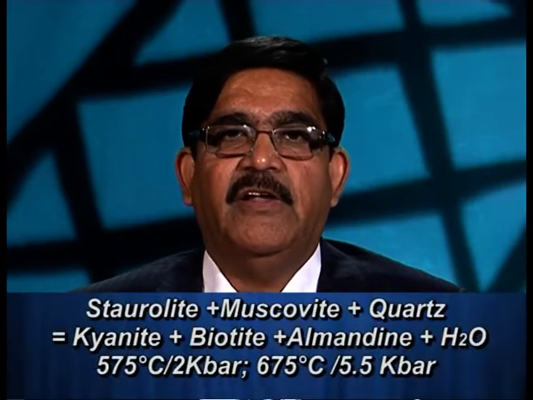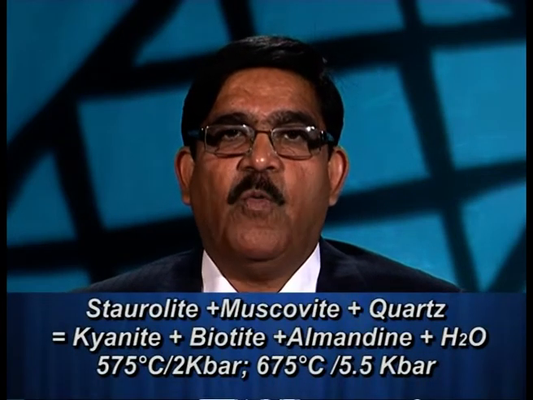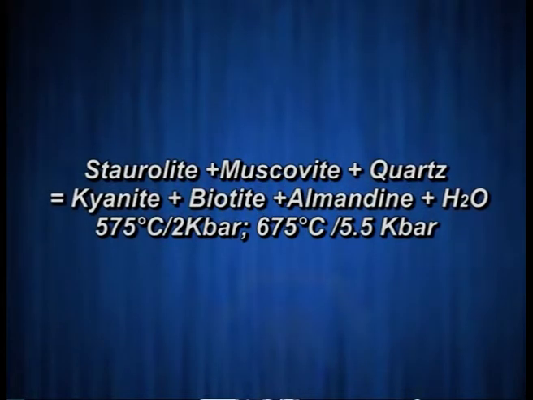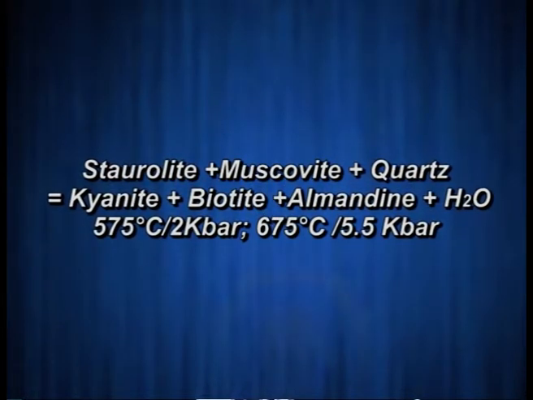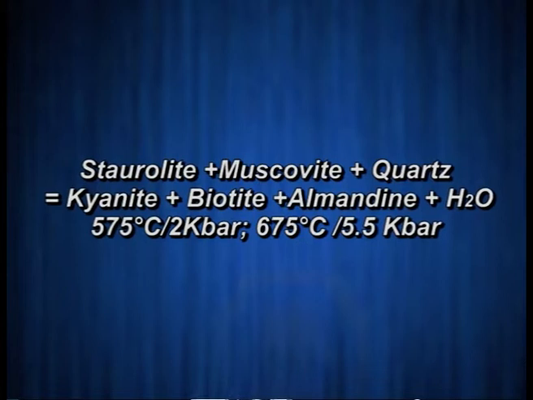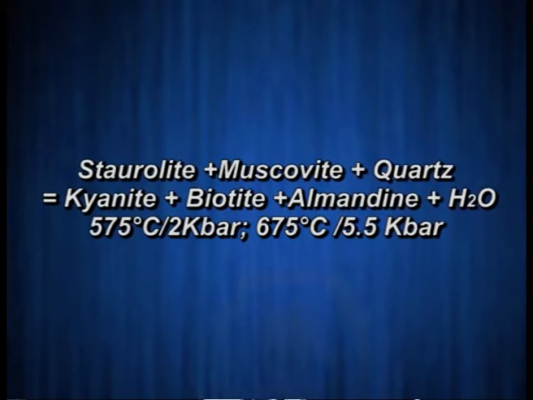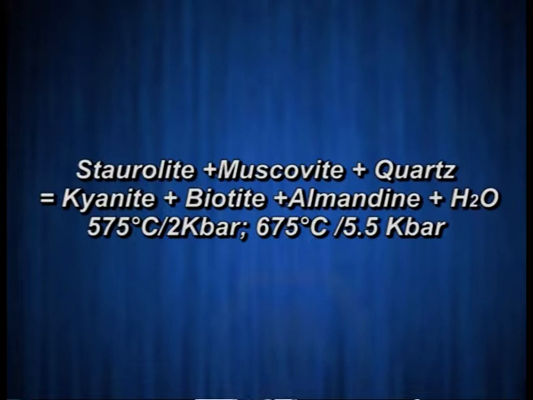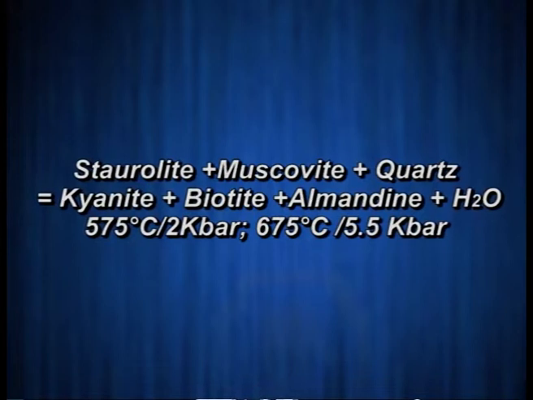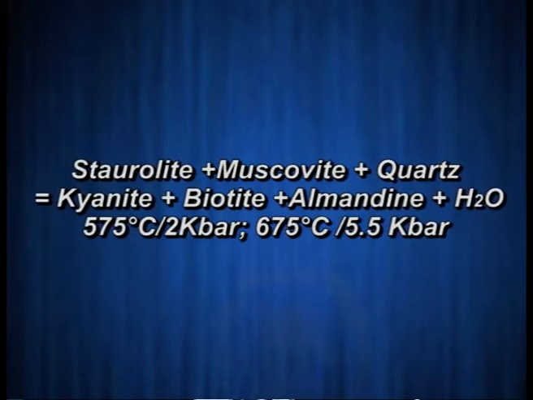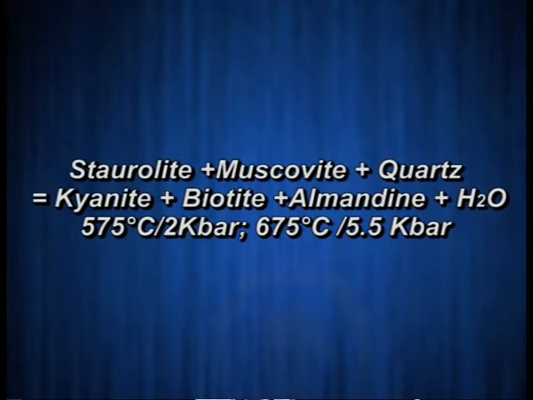The reaction is staurolite plus muscovite plus quartz giving rise to kyanite plus biotite plus almandine garnet plus water, which occurs at 575 degrees centigrade and 2 kilobar, 675 degrees centigrade and 5.5 kilobar, as carried out by Hoschek 1969. The reaction has been revised by Hoschek and probably the temperatures given are higher.